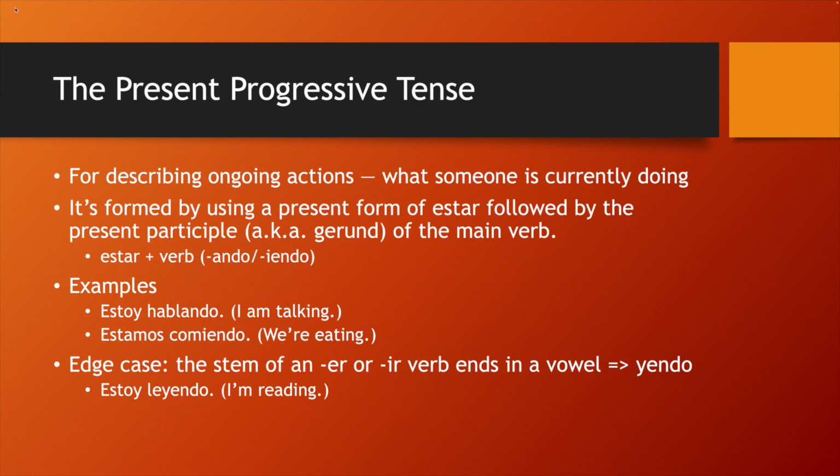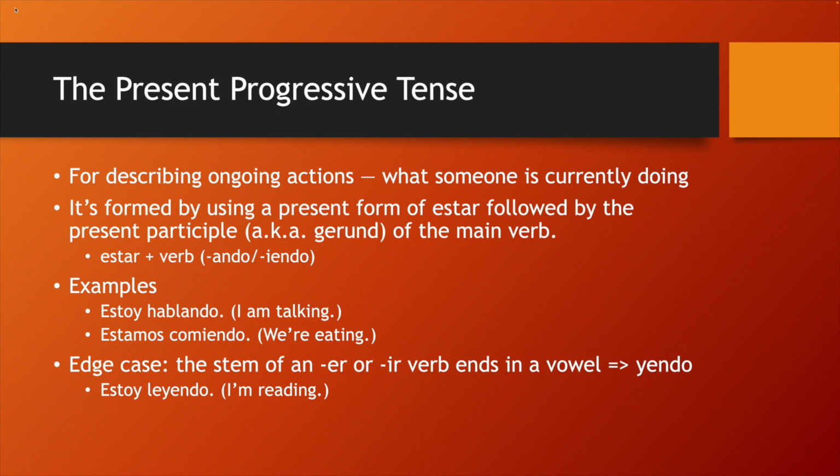And then, like I said, estar is used to form the present progressive tense. So this is for describing ongoing actions, what someone is currently doing. Now, colloquially, someone might use the indicative present the same, but the proper definition of the present progressive is what someone or something is doing right now.